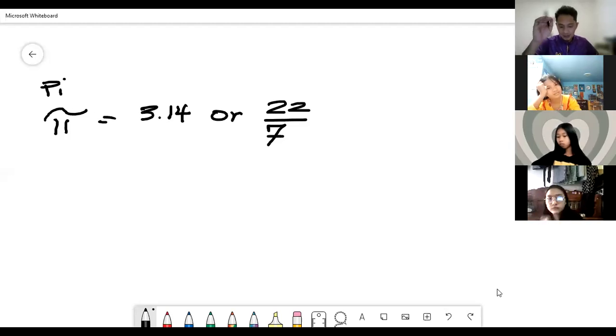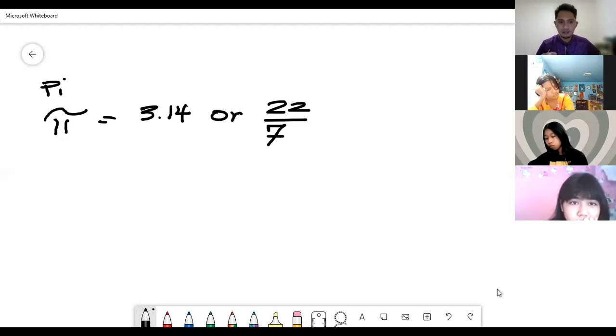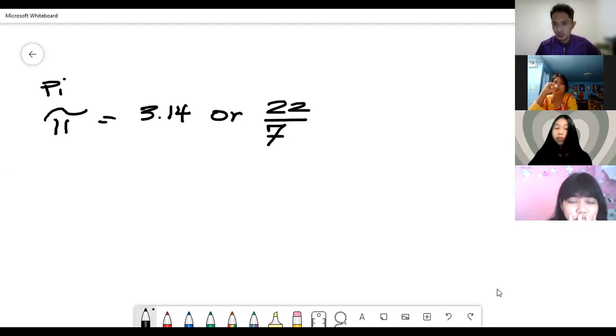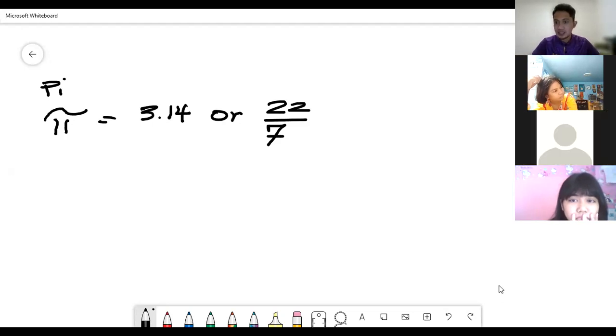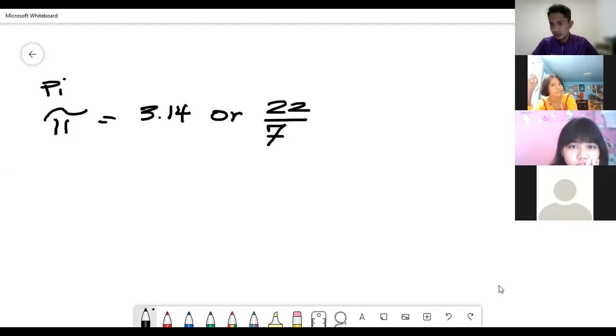But in your word problem in your workbook, it says you can use 3.14 or 22 over 7, because if we use 3.14, some numbers are easier to solve. And there are questions that 22 over 7 is easier to use.